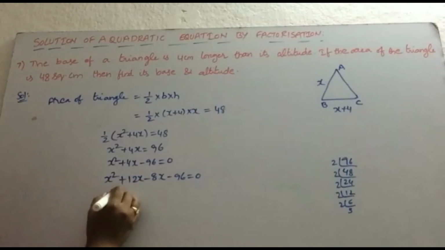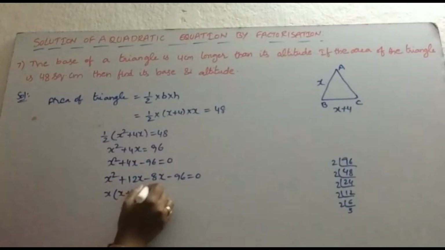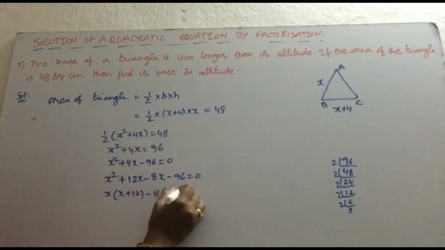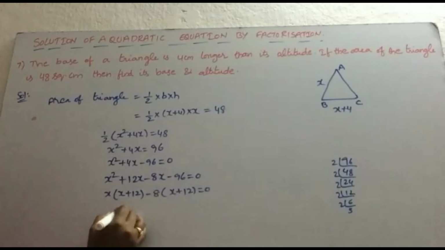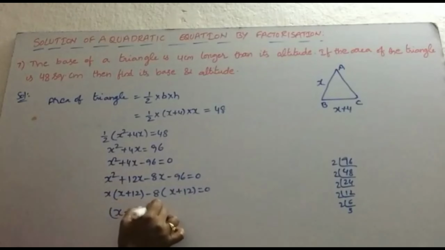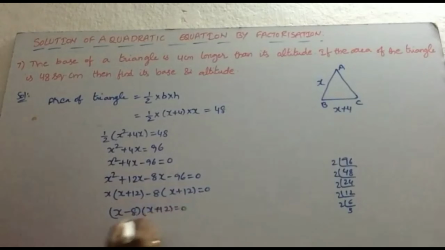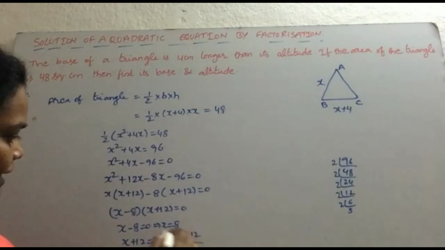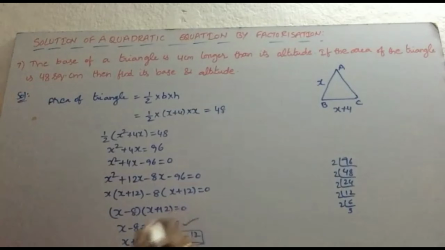In this x is common, x plus 12, and in this minus 8 is common, x plus 12 equal to 0. So (x minus 8) into (x plus 12) is equal to 0. So x minus 8 is equal to 0 means x equal to 8. x plus 12 is equal to 0 means x equal to minus 12. But we don't take the negative value; we will take only positive values.